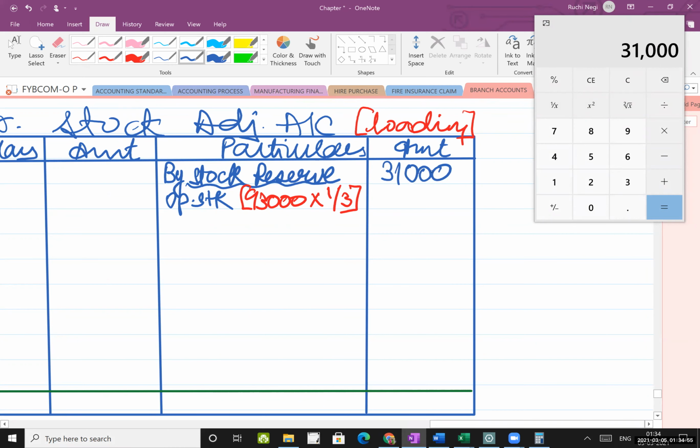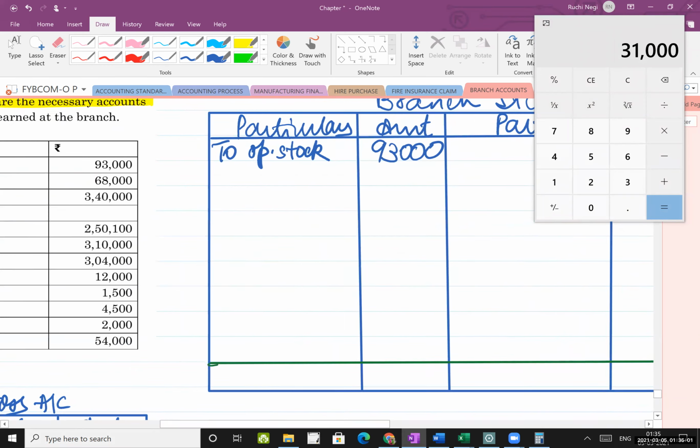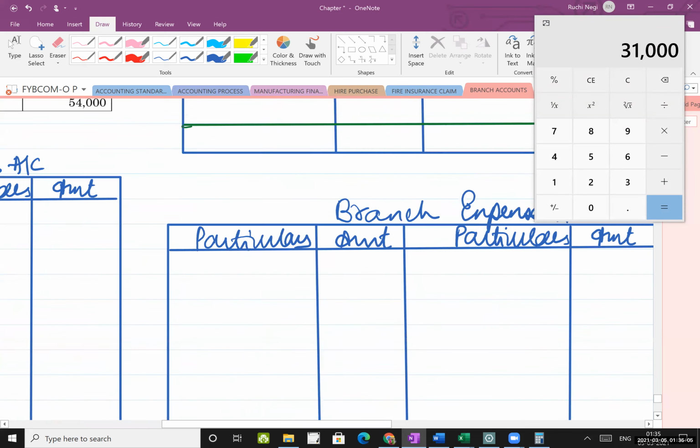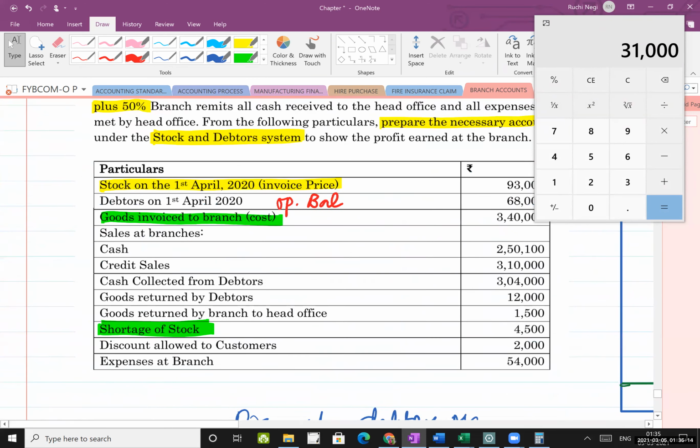Okay, this is done, so the first effect is done. Next is what? The opening balance of debtors, how much? 68,000. So come to branch debtors, opening balance 68,000.